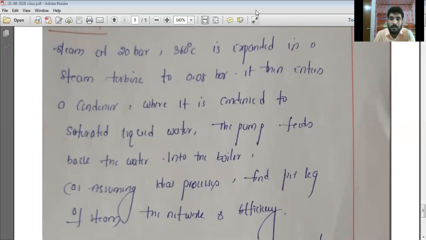Now you must know how to collect properties with respect to pressures and temperatures from steam tables. Now we will look at the steam table properties.